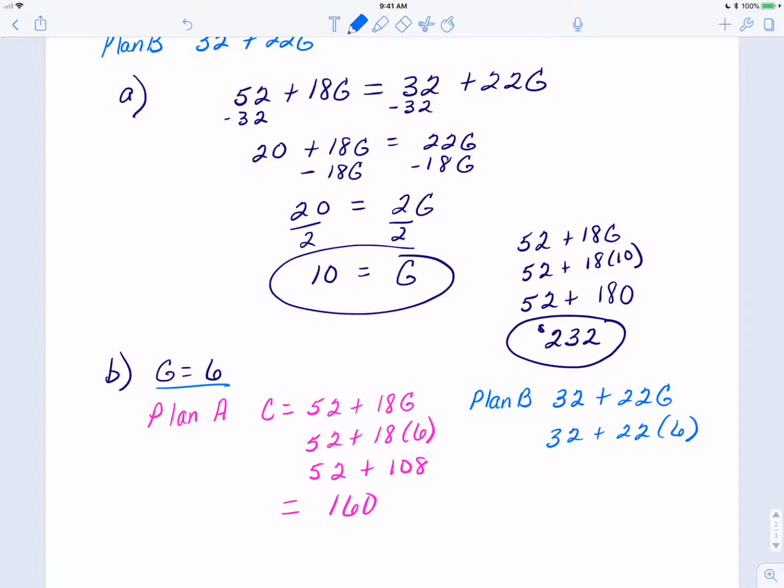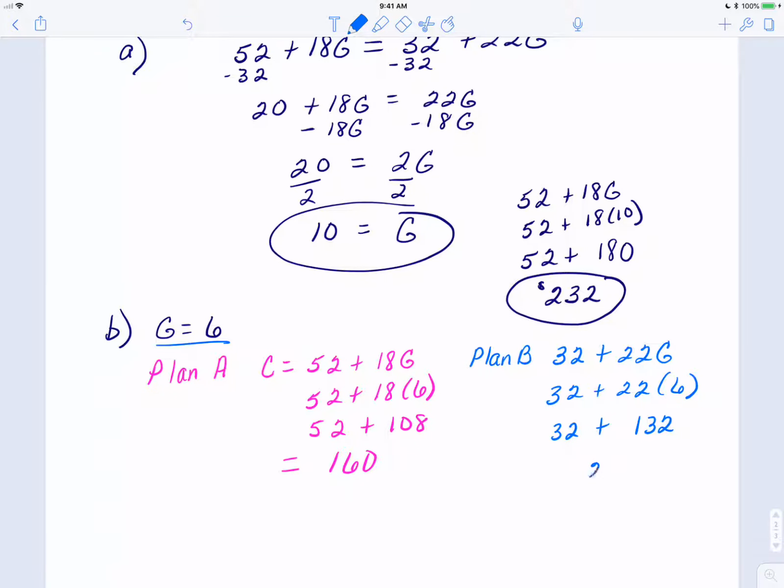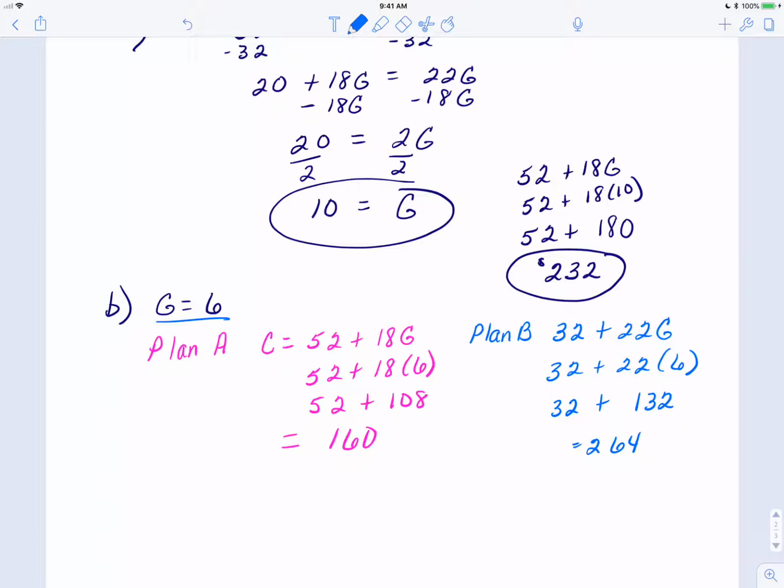So I'm just going to put that 6 in plan B, and that gives us 32 plus 22 times 6. Well, 22 times 6 is 132. So 32 plus 132, that cost is $264. So what's the better deal?